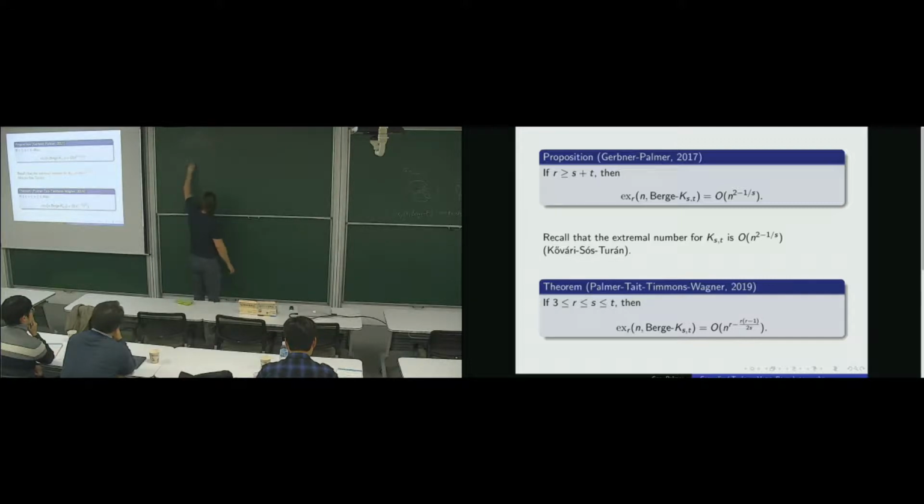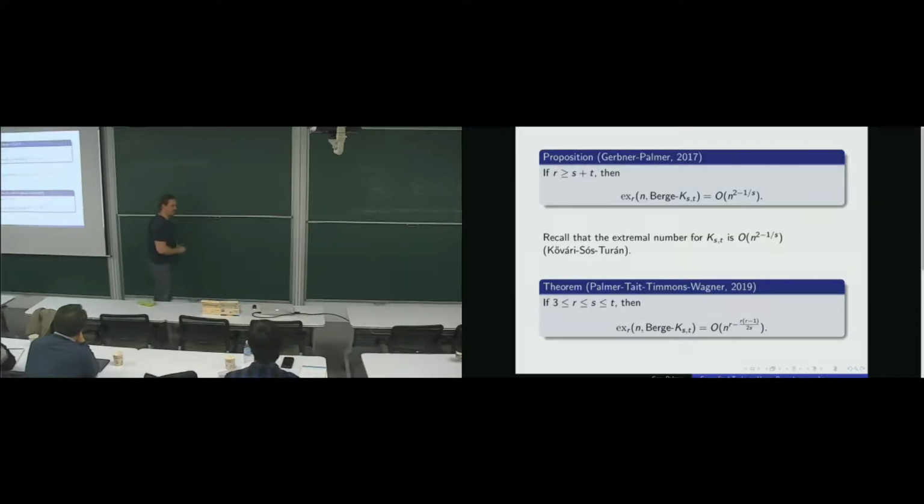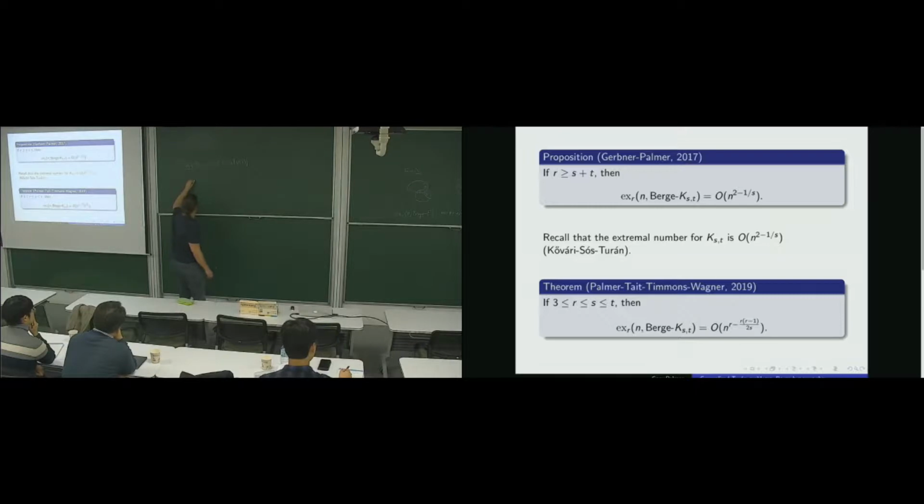So fix a graph F and integer r that's at least the size of the vertex set of F. Okay, r is going to be the uniformity of my hypergraph here. Then the Berge extremal number, r-uniform, ex_r(n, Berge F).